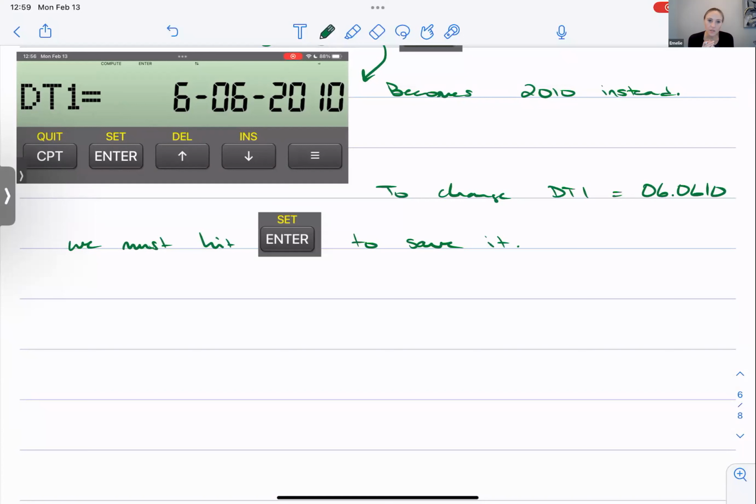So what you can do is fill in the dates that you want, and then we said that as long as you have 2 out of 3, you can compute the last one.